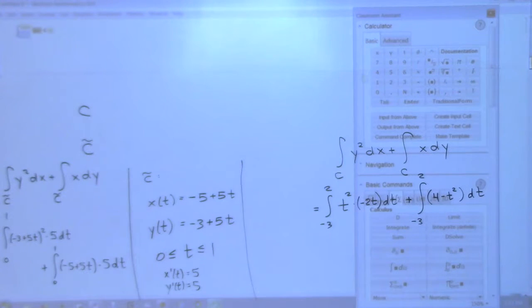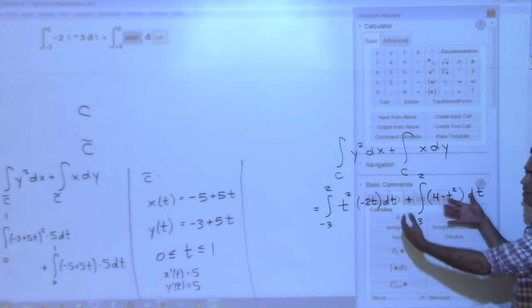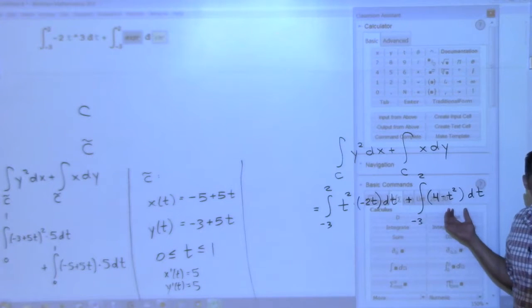All right, let me make this a little bigger for us. All right, first one goes from -3 to 2, and we're doing, what's that, -2t cubed with respect to t, and then we're adding to that another one, which goes from -3 to 2. You could combine these into one integral now because they're all with respect to t.